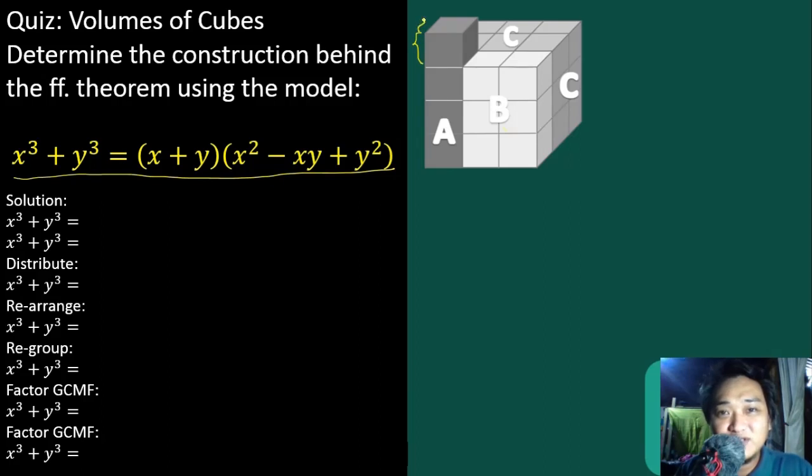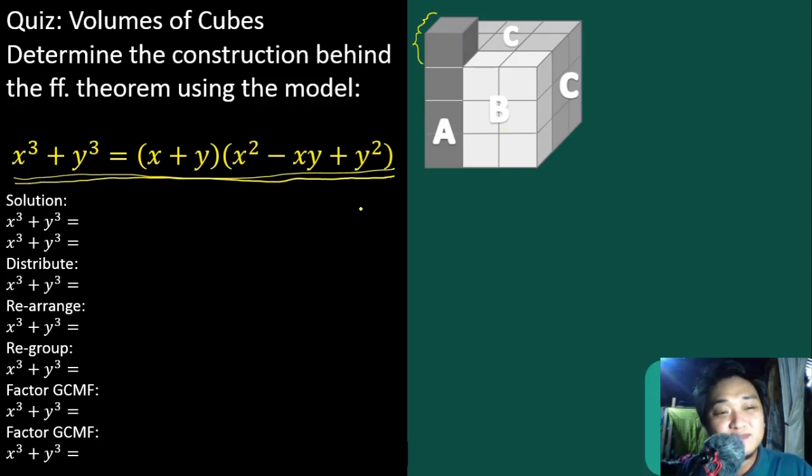This time, imbis na bawasan natin siya ng isang maliit na cuboid, dinagdagan natin ng isa. And I want you to relate that following this solution, following this pattern. You're going to figure out how you are going to come up with this relationship. So, para masagutan nyo to, kailangan balikan nyo lang uli yung ating previous discussion in this video.